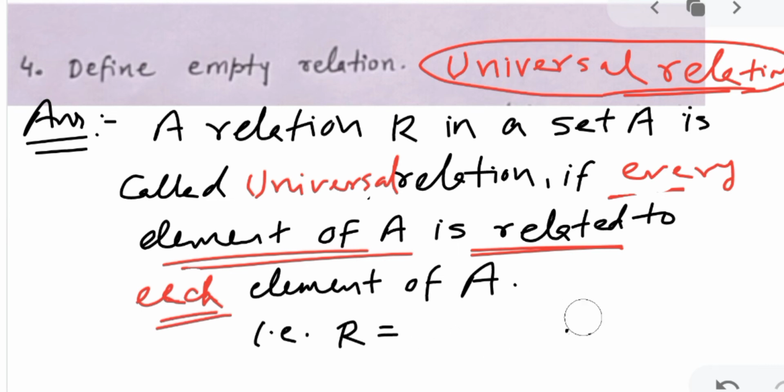And R will be equal to A cross A, because every element of A cross A is an element of R, so both will be equal. So we covered empty relation and universal relation both, correct?